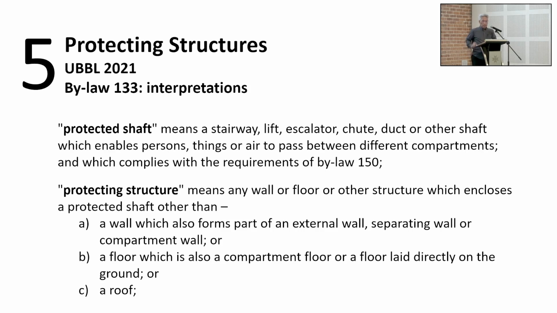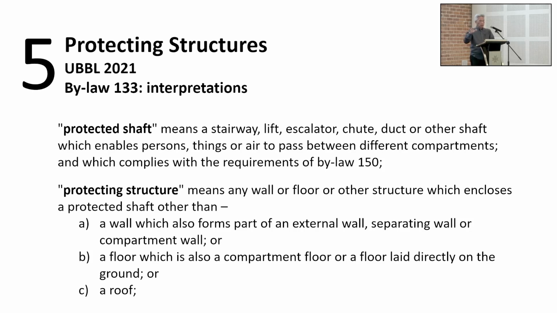Okay, good. Now we go on to element number 5, protecting structures. Let's look at the definitions. Protecting structure means any wall or floor or any other structure which encloses a protected shaft. And then you say, what is a protected shaft? So you also look at the definition of protected shaft. Protected shaft means a stairway, lift, escalator, or chute or duct, or any shaft that is penetrating between compartment floors.